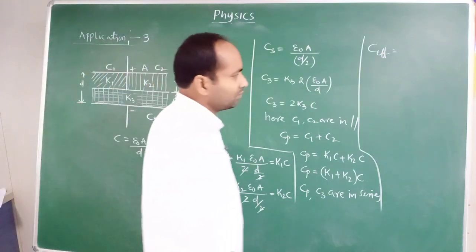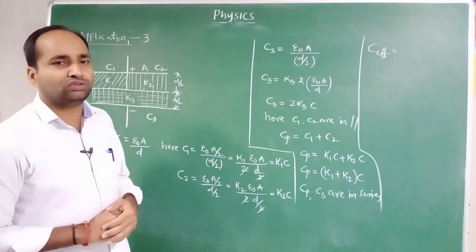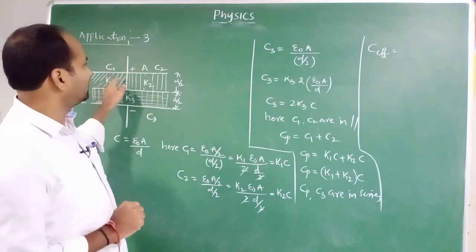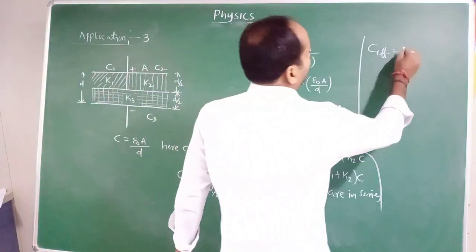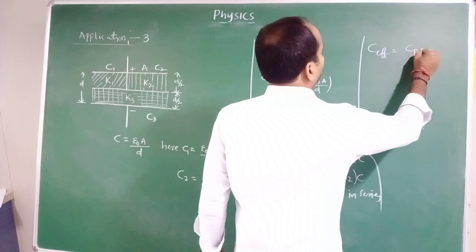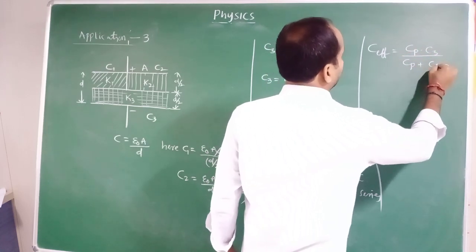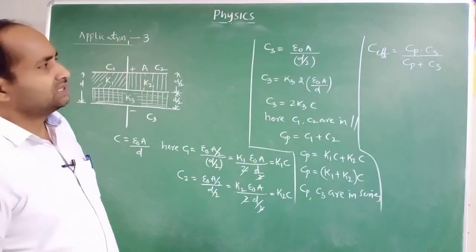What is the actual formula? 1 by Cs is equal to 1 by C1 plus 1 by C2, so Cs is equal to C1 C2 by C1 plus C2. C1 means here Cp, and C2 means C3. So we may write Cp into C3 by Cp plus C3.